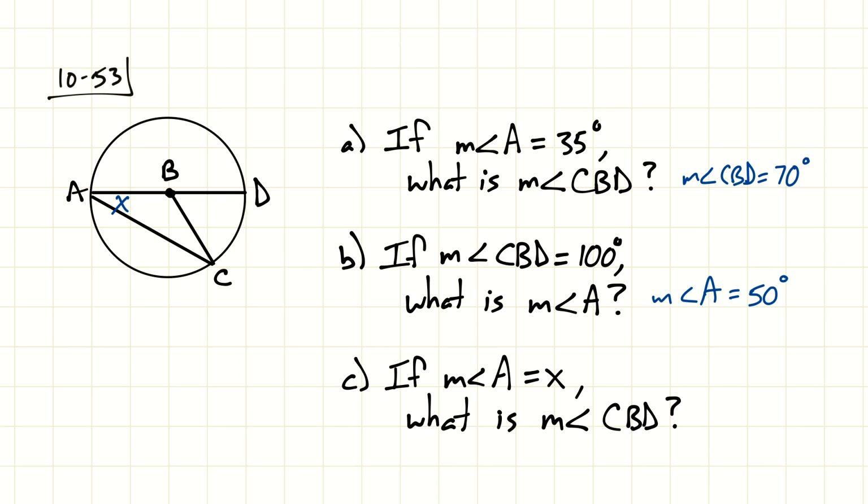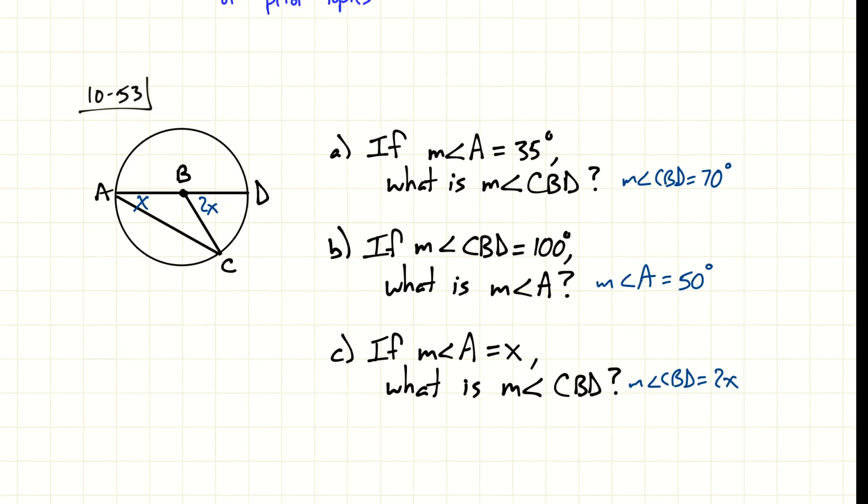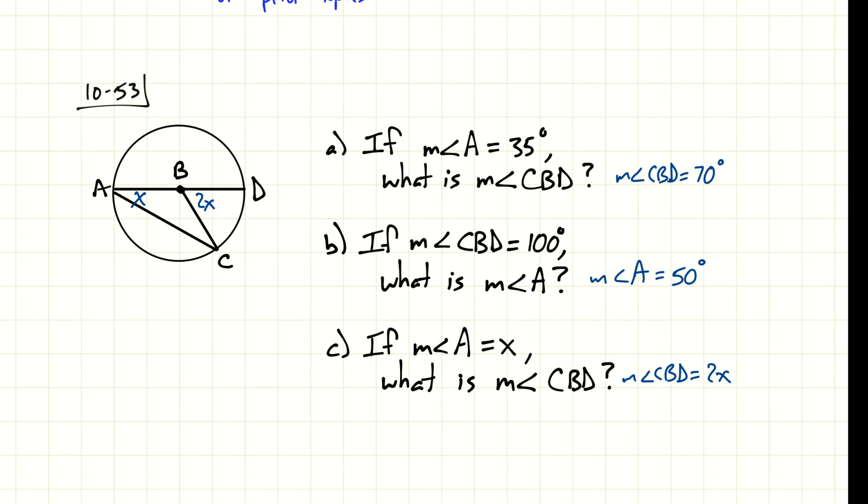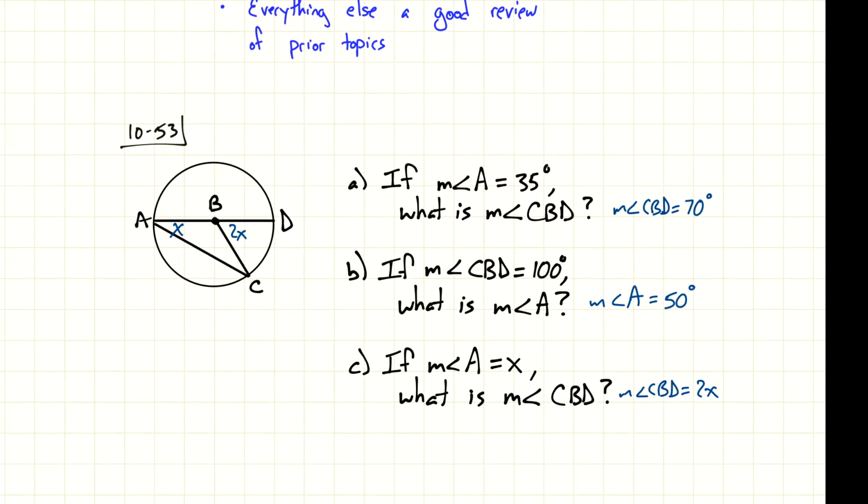So if angle A is x, then angle CBD is going to be 2x. Now we have a formula, really. If we have a similar picture, I could give you any measurement for angle A, and you could tell me instantly what angle CBD is without having to do a lot of work. That's something good to have in your notes.